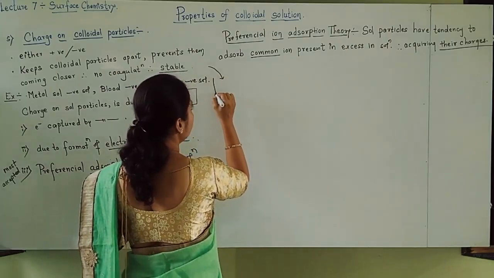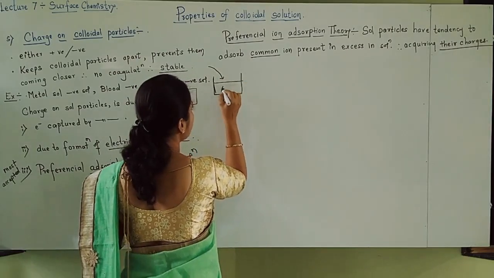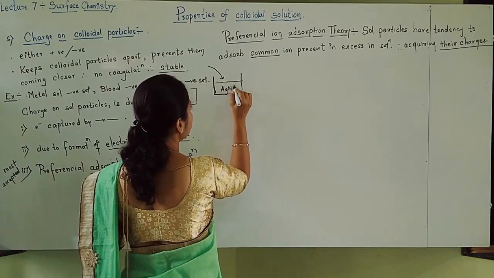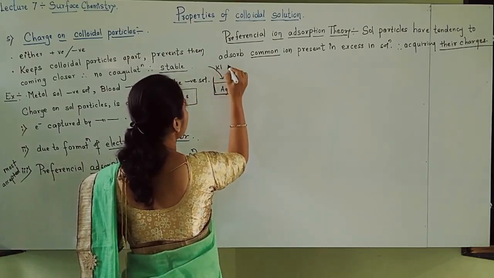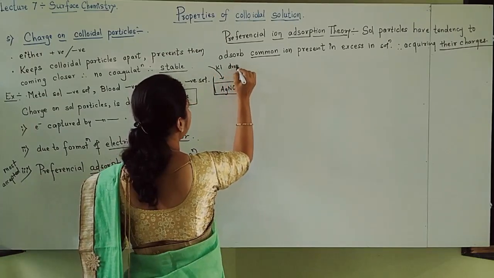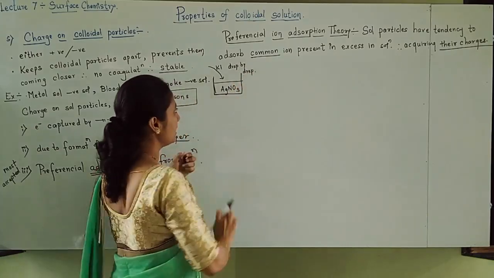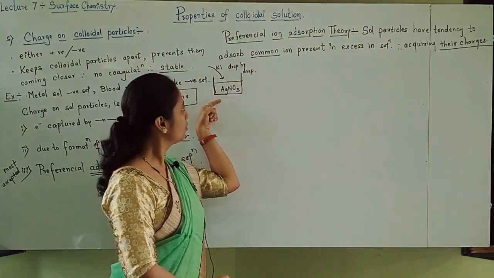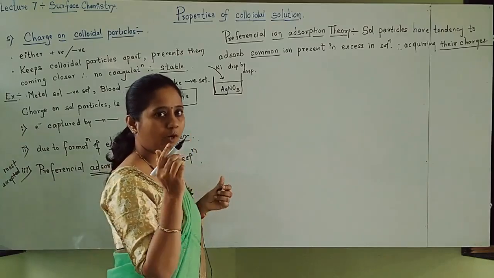Understand the example. Imagine that firstly we have in a beaker AgNO3 solution, silver nitrate solution. To this solution, KI solution is added drop by drop. So AgNO3 solution is in excess in the beaker. What happens?